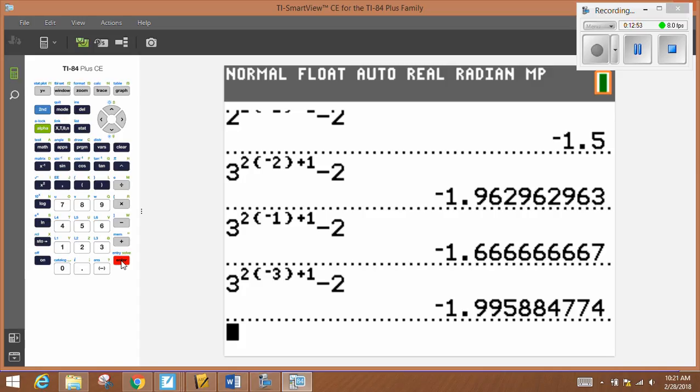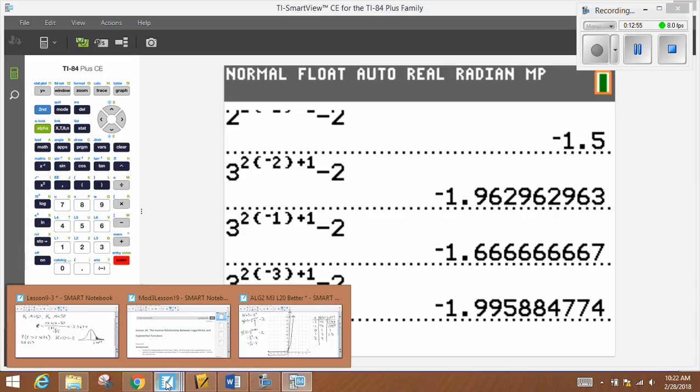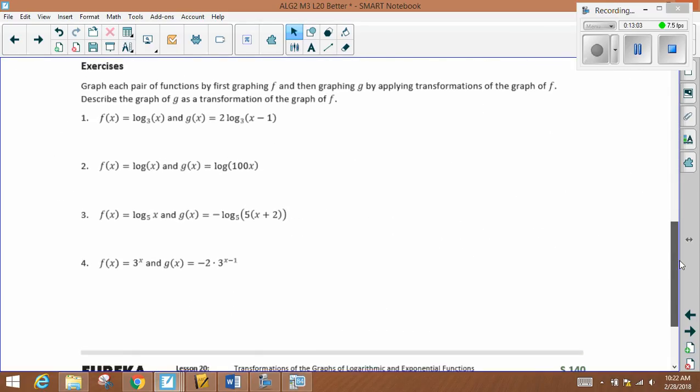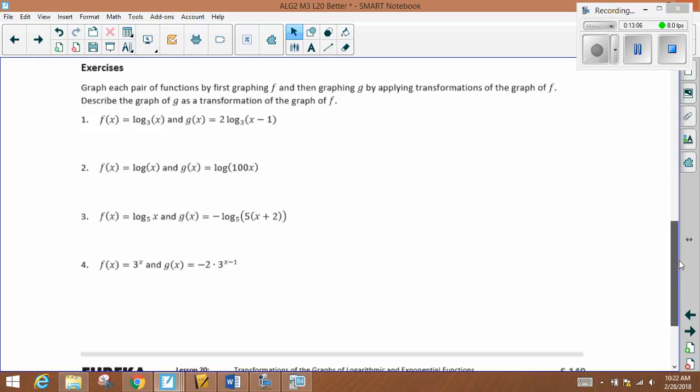Okie dokie. Let's go ahead and do another thing. All right, based on what we know, we kind of don't have to go through graphing these now, right? We have talked about what each one of these things does in terms of a transformation. So you should be able to, at this point in time, know what's going to happen.